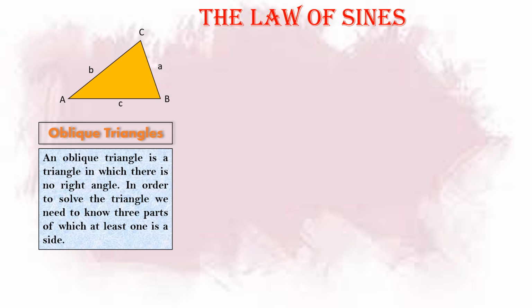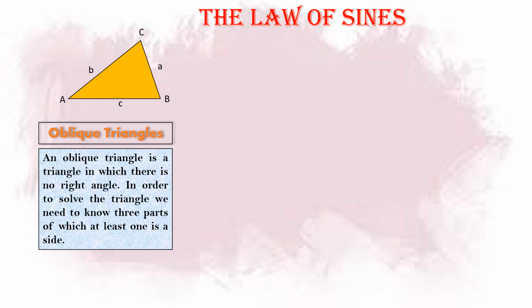For the past weeks, we just focused on the triangles which involve right angles, or the right triangles. But now, ang gagamitin naman natin is the oblique triangles. Ibig sabihin ng oblique triangle, no right angle. Again, no right angle. Okay?